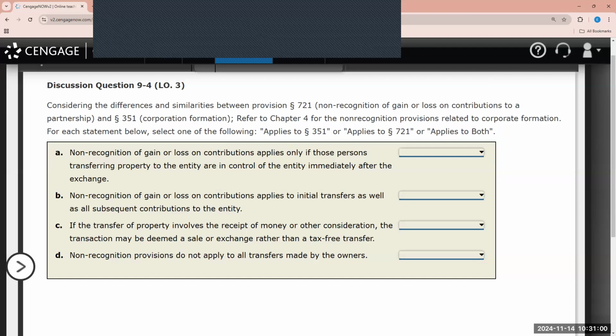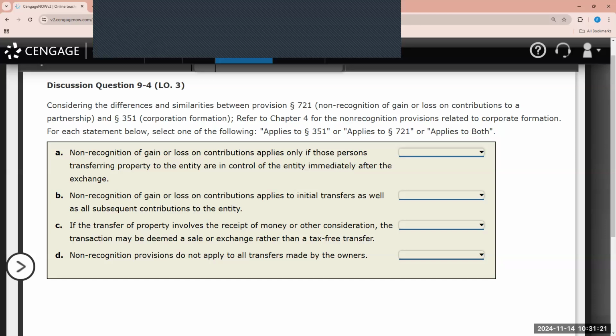As we learned, section 351 is essentially when individuals are transferring property to a corporation. They only receive stock, and in addition, they are in control of the corporation immediately after the exchange, which means that they own at least 80% of the corporation.